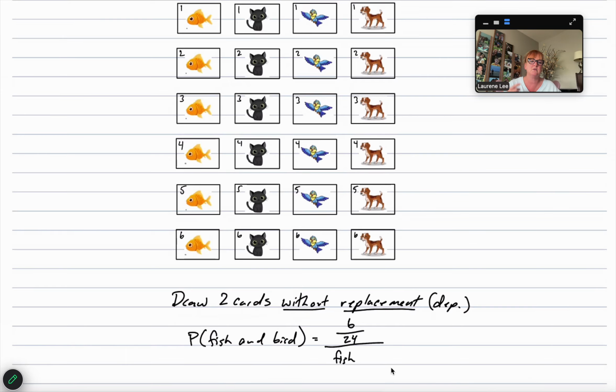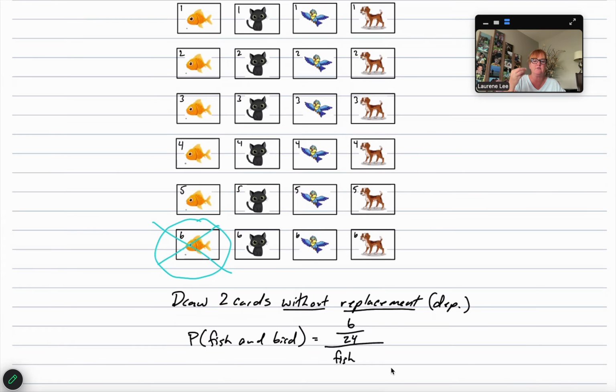Now what I want you to think for the second event is to assume that what you wanted to happen at first actually did happen. So I wanted a fish. So let's say I drew a fish. So I'm going to come over here to our cards and I'm going to X out one of these fishes. Now, I don't know if it was that one or the other one. It doesn't matter. Just one of them's gone.